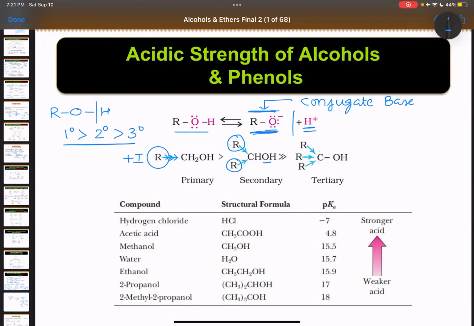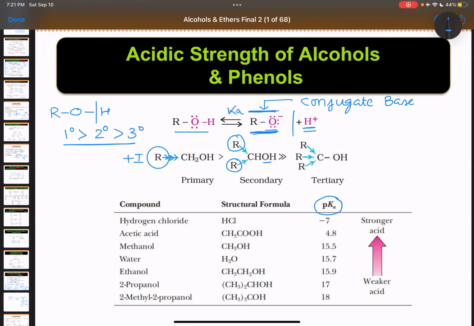And what is pKa? How is it calculated? Any idea? Actually, you calculate the equilibrium constant Ka.